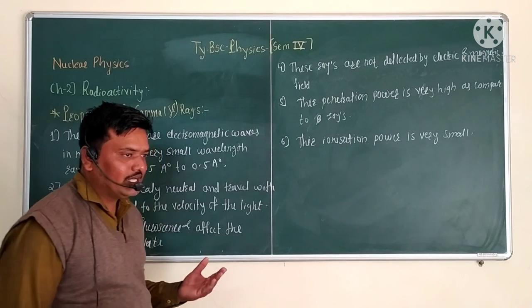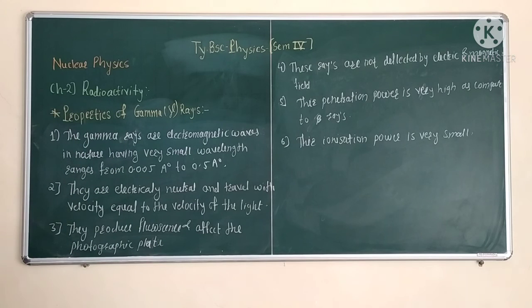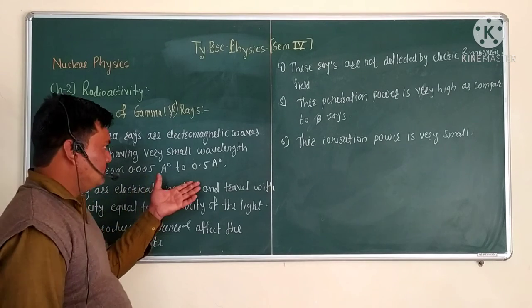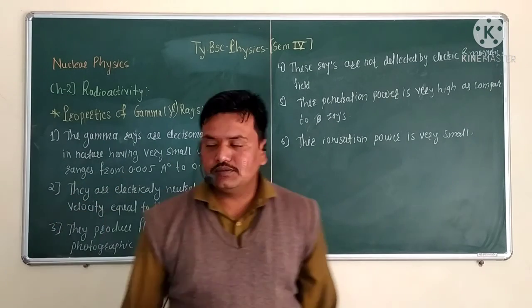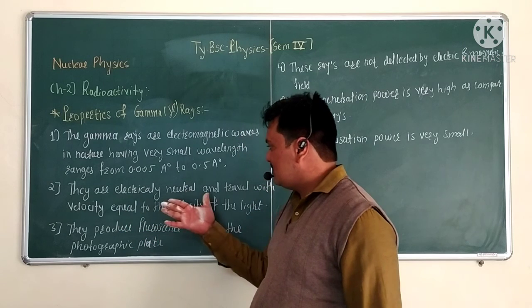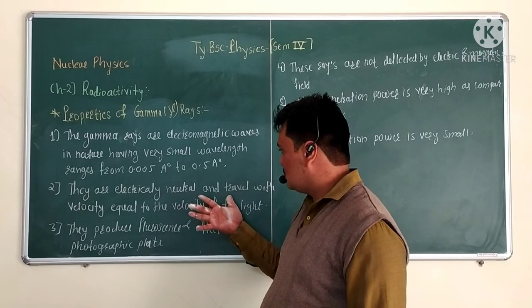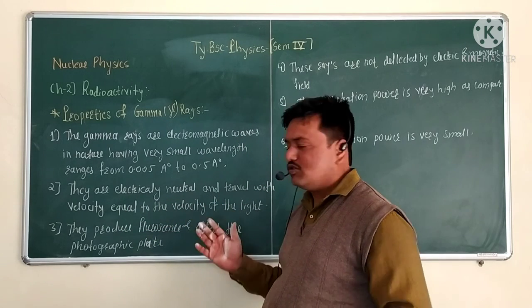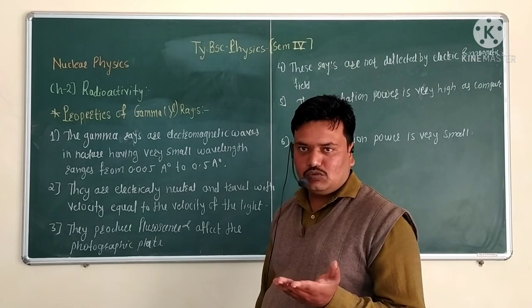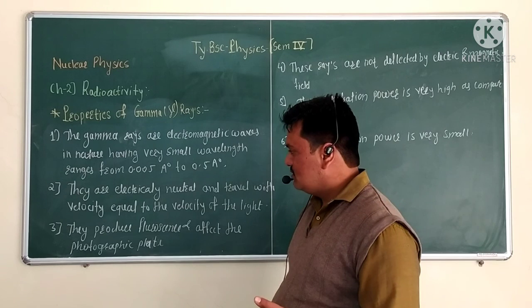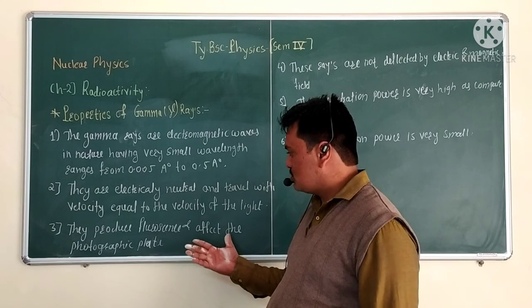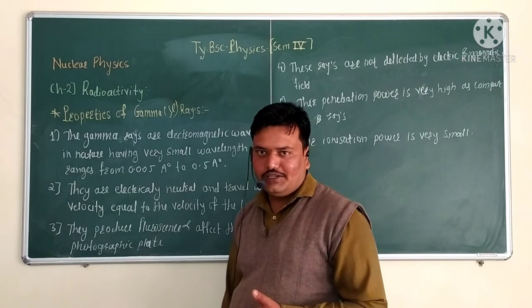So the gamma rays are electromagnetic waves with wavelengths ranging from 0.005 angstrom unit to 0.5 angstrom unit. They are electrically neutral and travel with a velocity equal to the velocity of light. They produce fluorescence and affect the photographic plate.